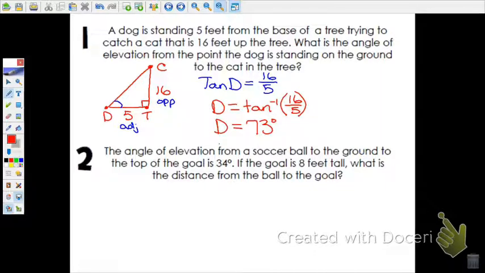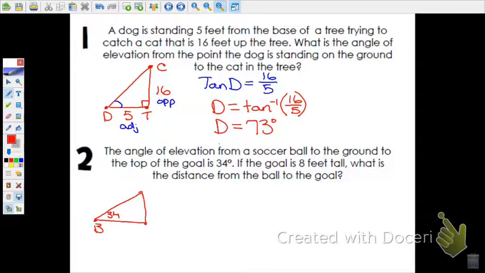Number 2 says the angle of elevation from a soccer ball on the ground to the top of the goal is 34 degrees. So we've got a soccer ball, and then we've got our goal that stands up. So instead of going straight to the goal, we're going up. That angle of elevation is 34.